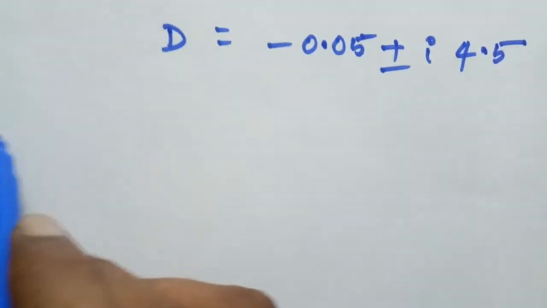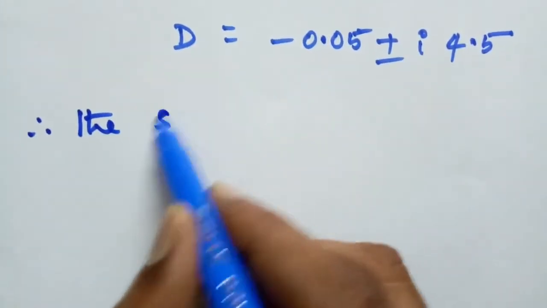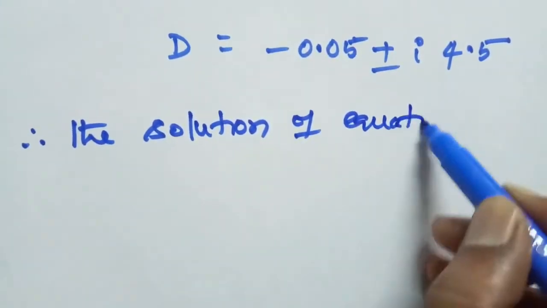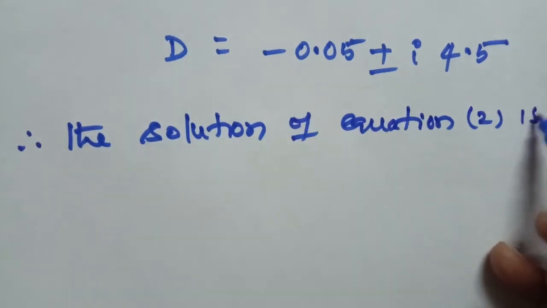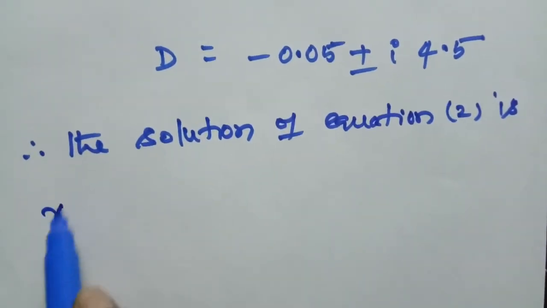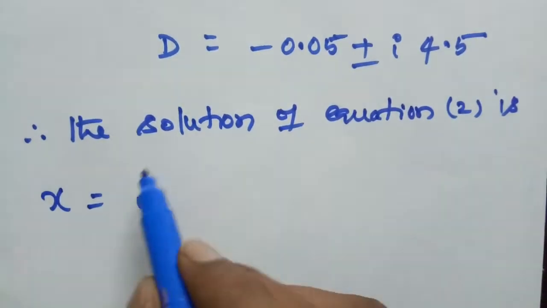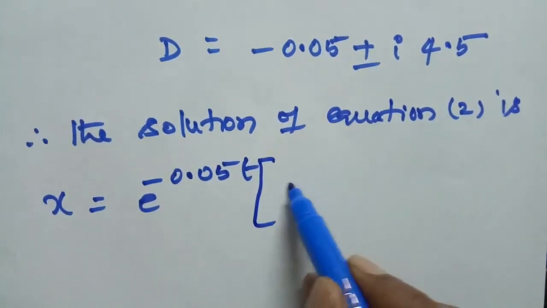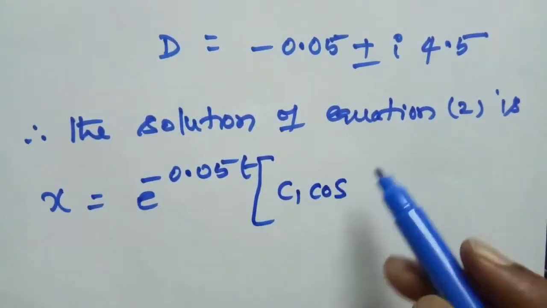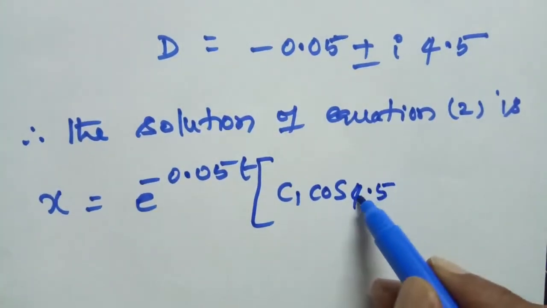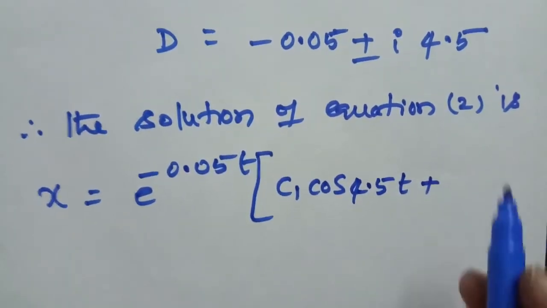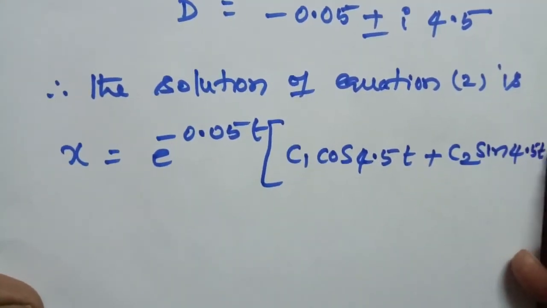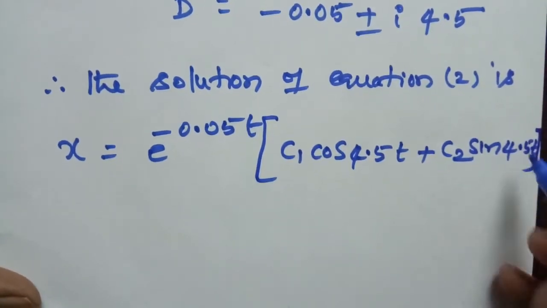Therefore the solution of equation 2 is x is equal to e to the power of alpha t, minus 0.05 into t, into c1 cos beta, 4.5t, plus c2 sin 4.5 into t.